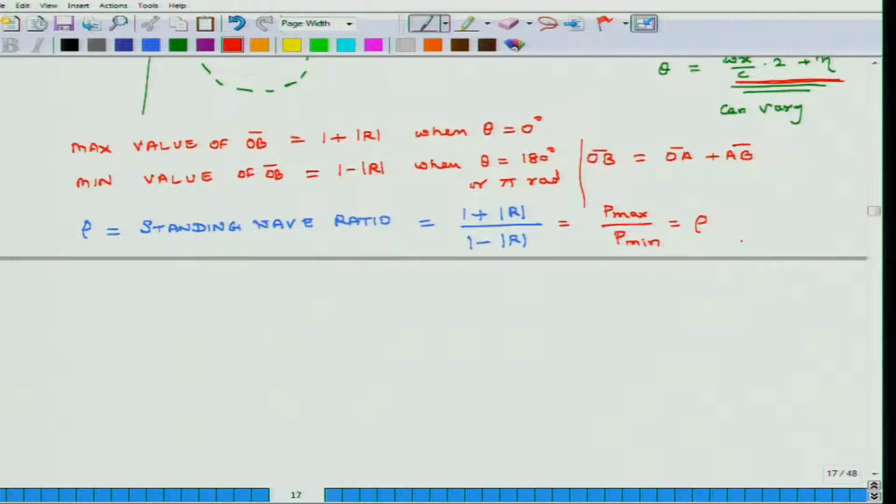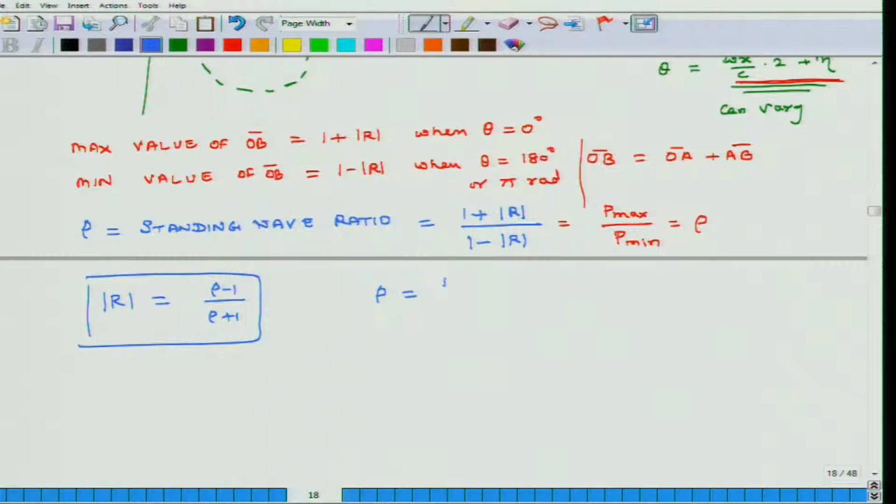Once I know rho, I can calculate the modulus of R in terms of rho using the travelling microphone method: modulus of R is (rho minus 1) divided by (rho plus 1). Rho is equal to P max by P min, and this is determined experimentally.